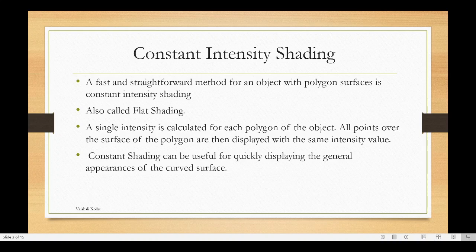All points over the surface of the polygon are then displayed with the same intensity value. So for a surface, it finds the normal to the surface, then applies an illumination model and then finds the intensity for that entire surface. This type of shading is used when it is required to find the intensity quickly for a surface.